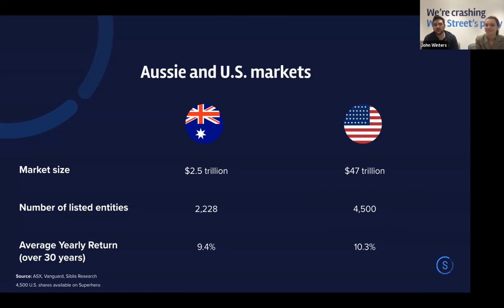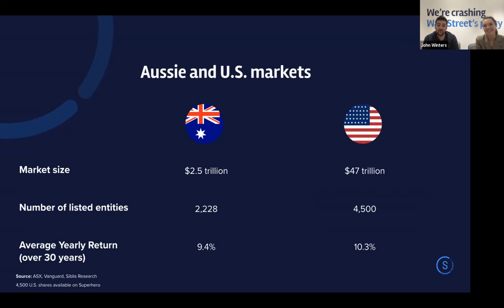So when we look at the opportunities there, we've got about 2,300 different shares listed on the ASX. They're all available on Superhero. When we look at the US market, there are thousands of companies that are available, and they go all the way from penny stocks or pink sheets or billboard securities. If anyone's seen The Wolf of Wall Street, you know what that is.